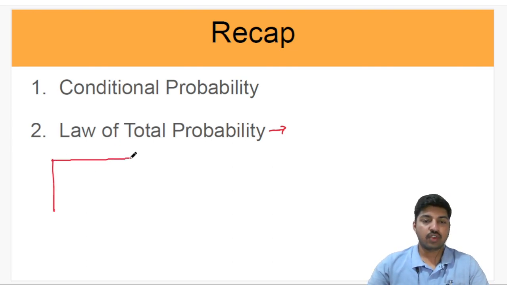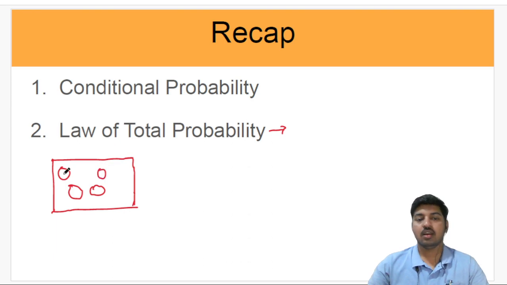Now, when I have the sample space and some mutually exclusive events, mutually exclusive events means this is my circle, this is my circle, this is my circle. But I don't want these kinds of events. I want events which are mutually exclusive, but which also partition my sample space.